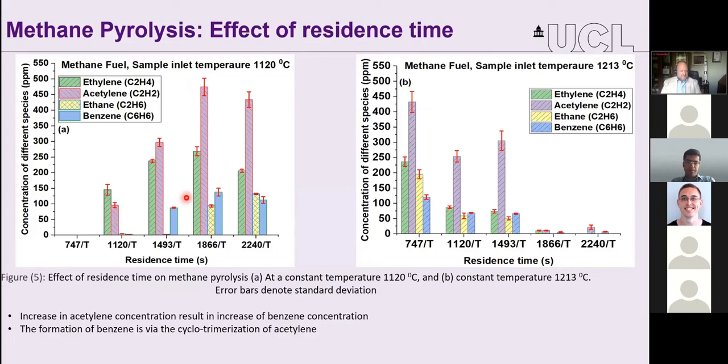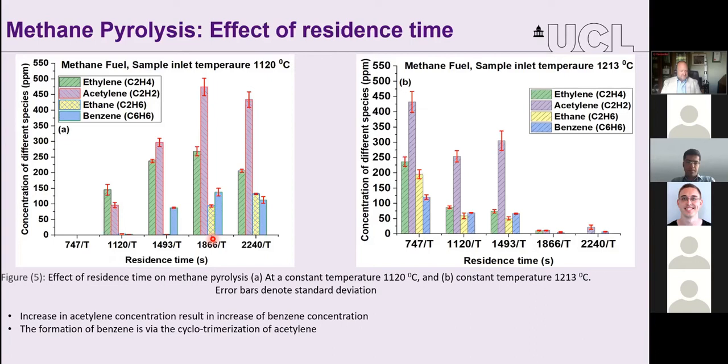It can be seen that at a residence time of 1120, more ethylene is produced as compared to acetylene, but as the residence time increases, acetylene overtakes ethylene. For example, at a residence time of 1186, the concentration of acetylene is almost twice that of ethylene.